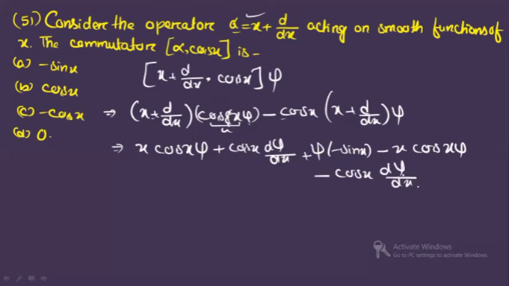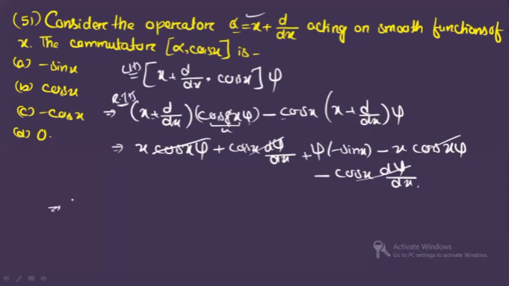Cos x d psi/dx. Now if you see, x cos x psi will get cancelled with x cos x psi, and cos x d psi/dx will get cancelled with cos x d psi/dx. All right, this is the left hand side, remember, and this is the right hand side on which we are working.